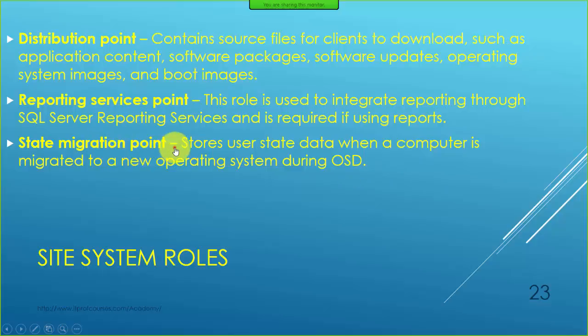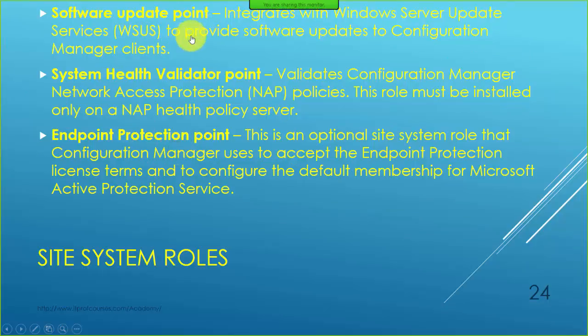Very important. Okay, software update point, this is where WSUS comes in, so that when we are on the WSUS lab, or through SCCM, you want to deploy Windows updates to Windows 8 and Windows 7, we're going to be adding the software update point there.